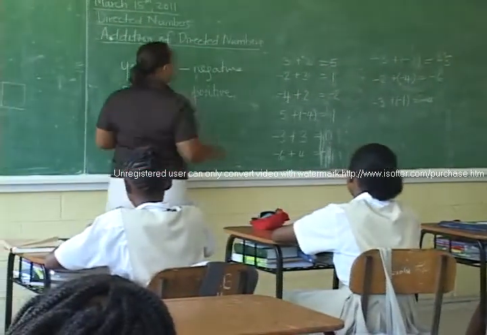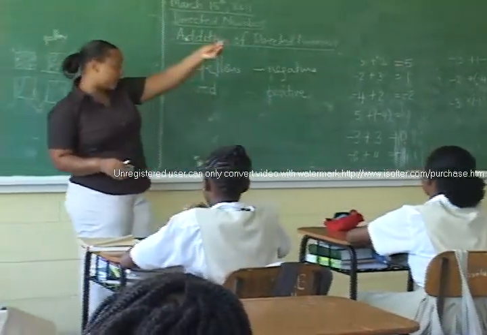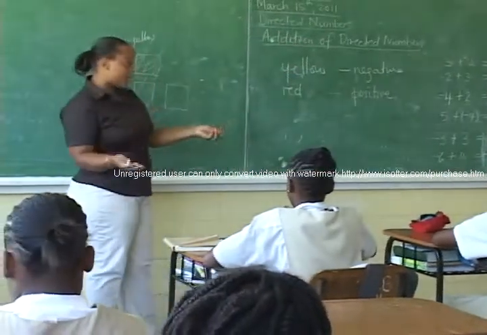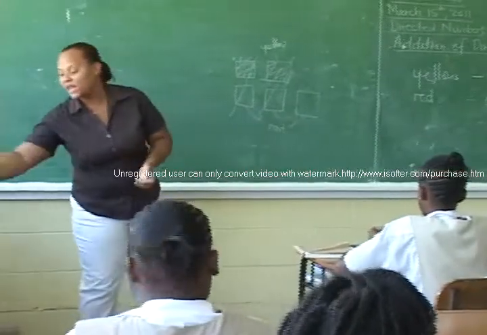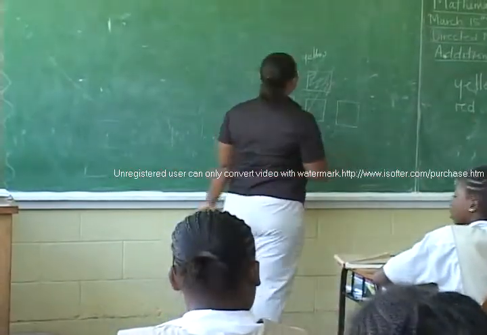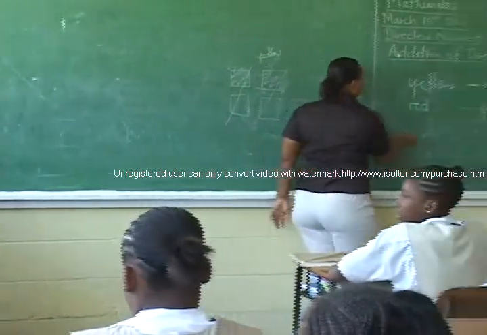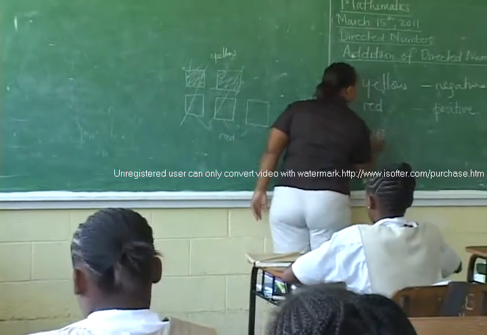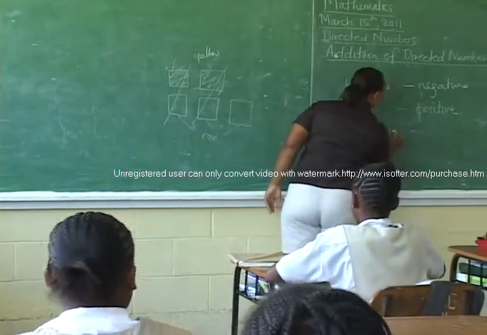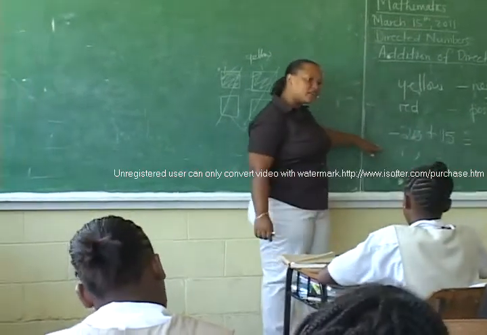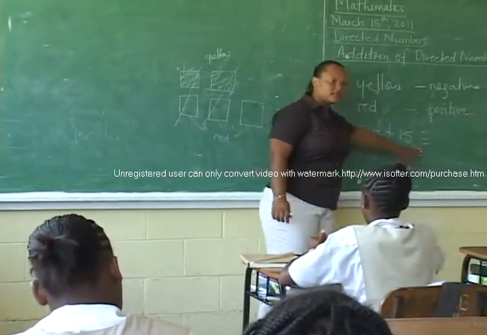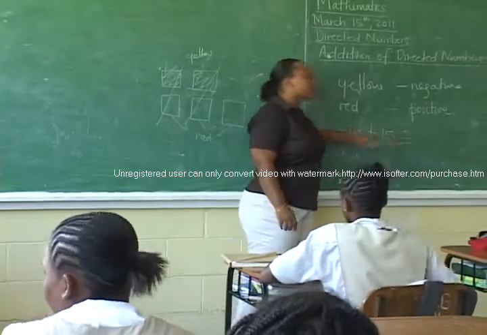No? Alright. Let's do one where we cannot use this. Say we have bigger numbers. Remember, we only have 6 of each, so certain numbers we won't be able to do. Say, for example, we have negative 20 plus 15. Here we have a negative plus a positive number.